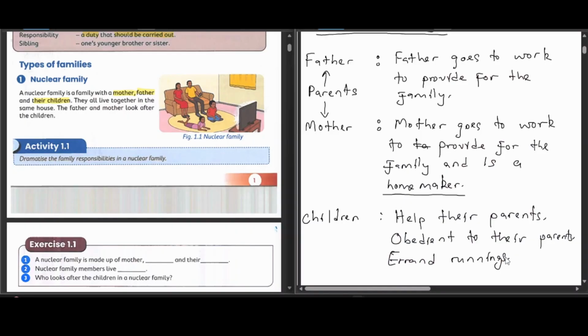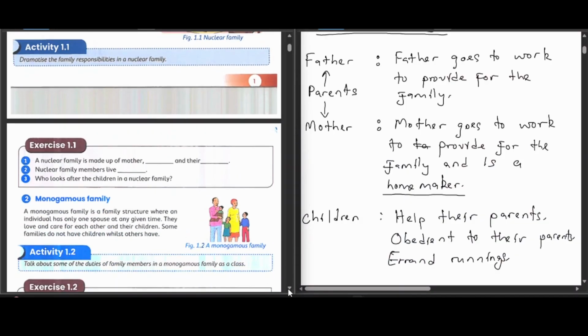You should dramatize your own family responsibilities if you belong to a nuclear family. To mean, in your family you have your father, your mother, and your siblings, your brothers and sisters. So you have to be able to dramatize it. Let us just brush over this exercise.